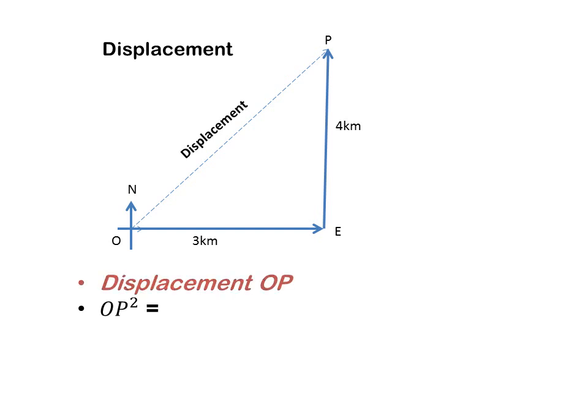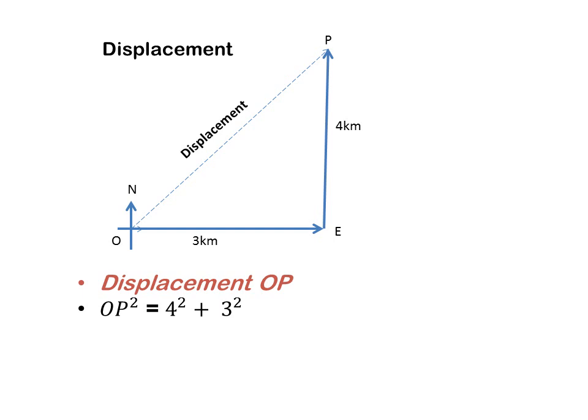Pythagoras theorem says that the sum of the squares of the adjacent and the opposite sides of a right triangle gives you the square of the hypotenuse. So line OP is the hypotenuse.